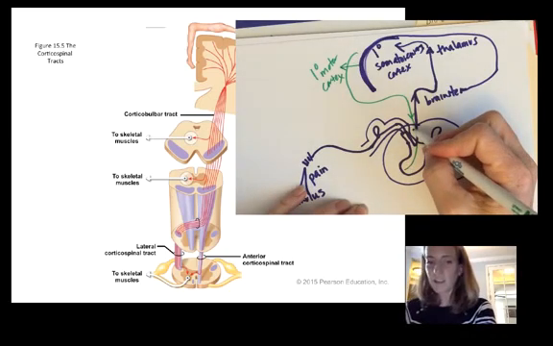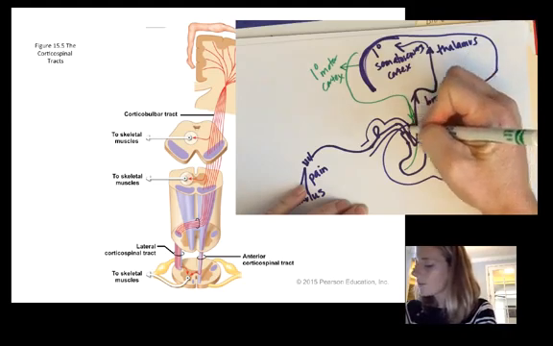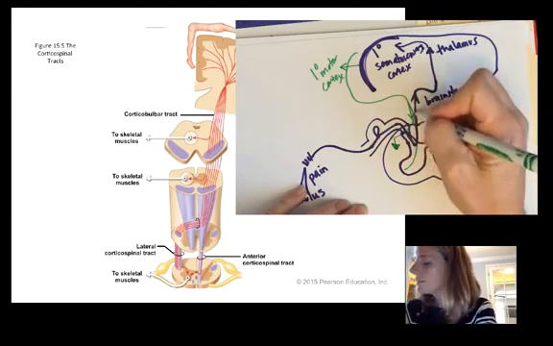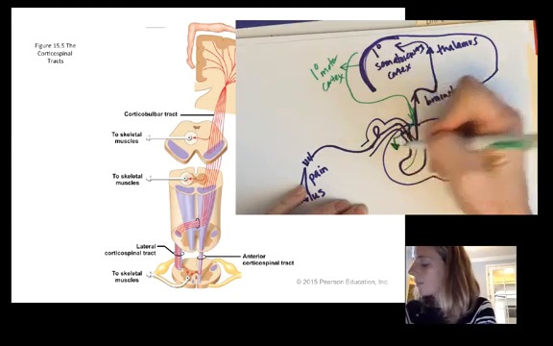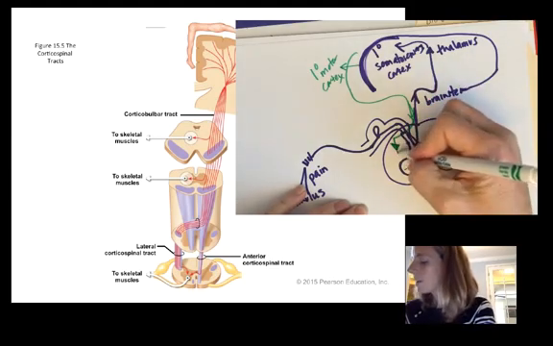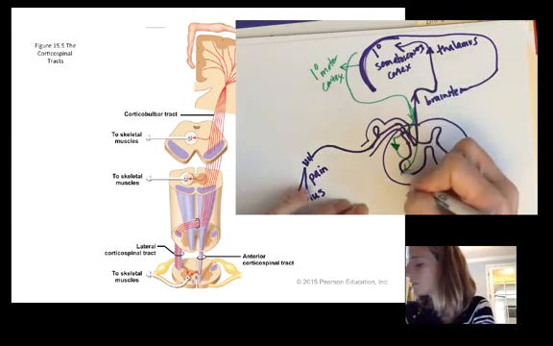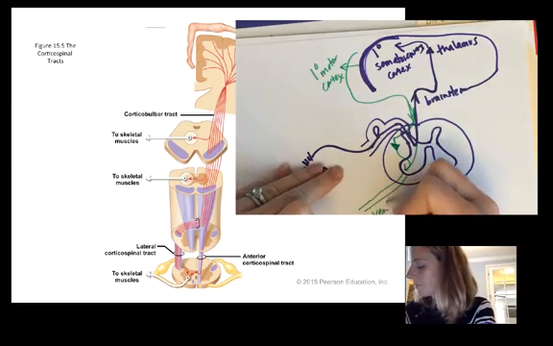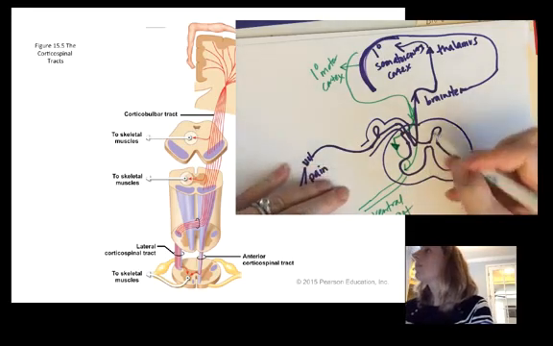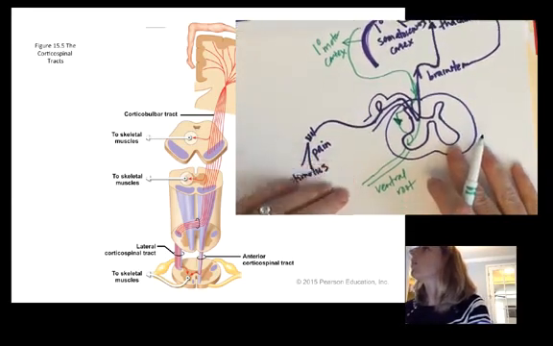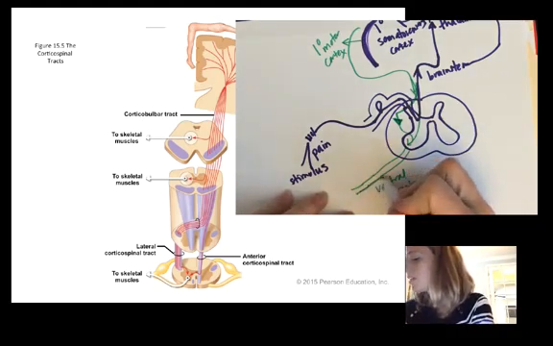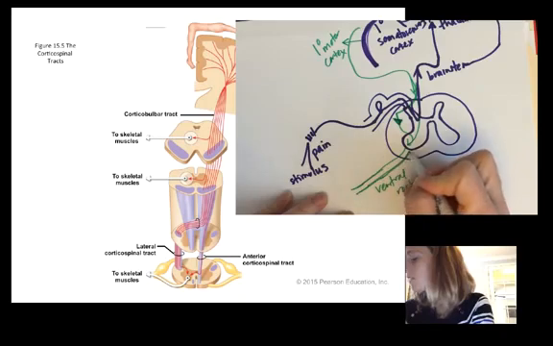And that information is going to travel through the descending pathways of the spinal cord, and then out the ventral root. And then you can respond appropriately. For example, you may want to walk away from the painful stimulus. You're going to go sit down on a bench to get away from it.